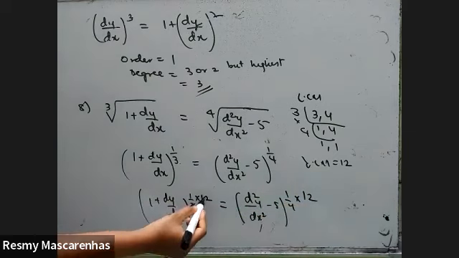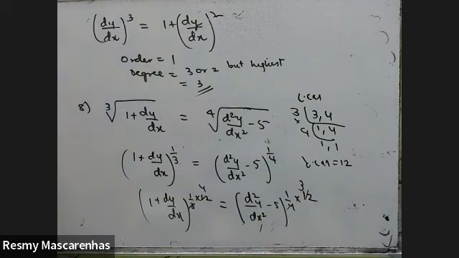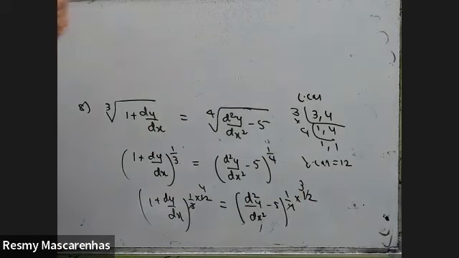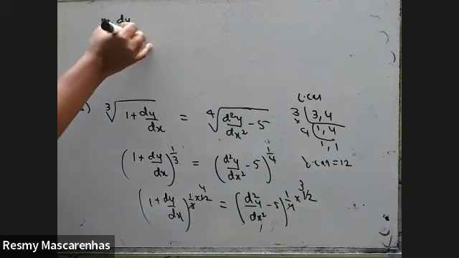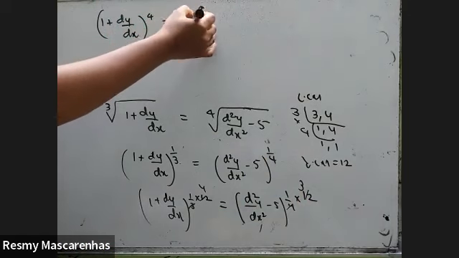Now simplify. So 1 plus dy by dx, the whole raised to 4.